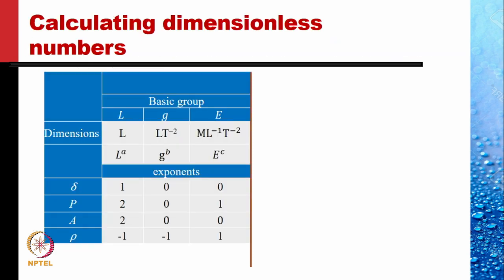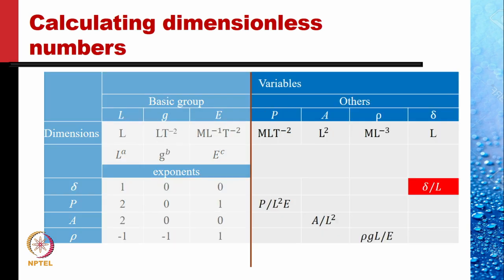So if this is what we had calculated earlier, then clearly against delta, we can write delta divided by L would be dimensionless, because delta has a dimension of L. So delta by L would be dimensionless.